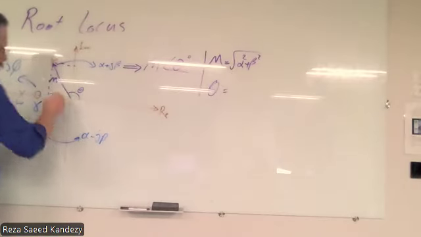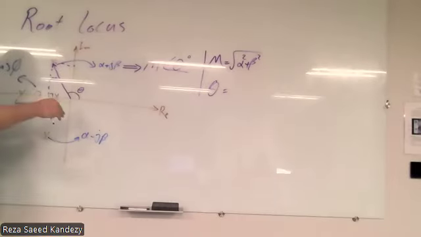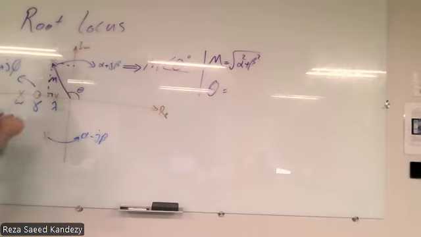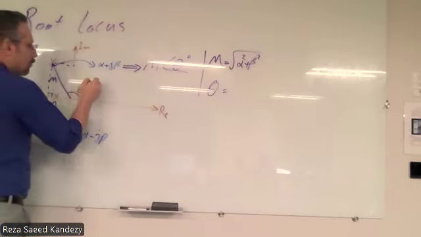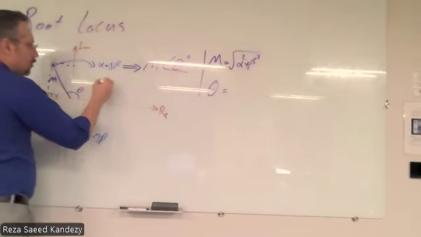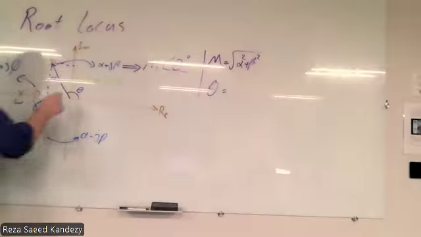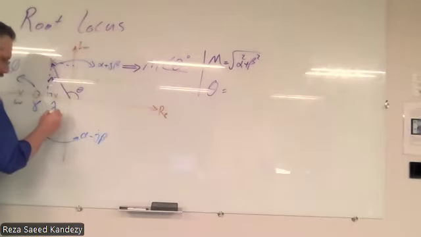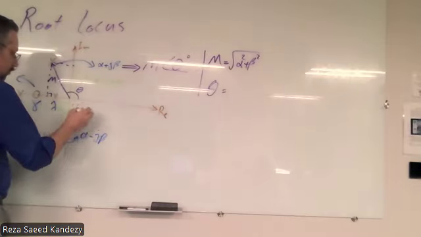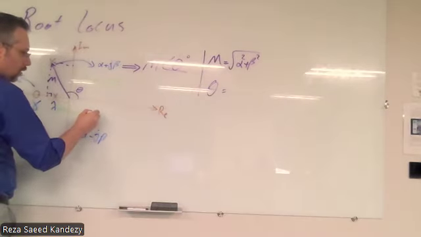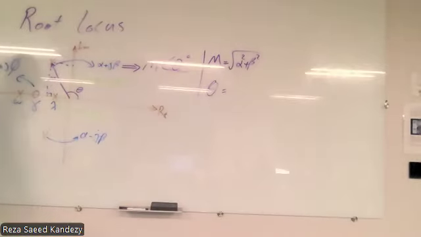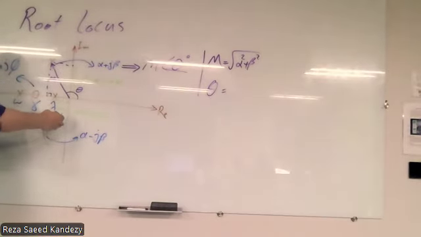Again, we can use the triangular characteristics, which we know: beta is equal to m times sine of theta, and alpha is basically m times cosine of theta. These are the projections of that vector on the real axis and the imaginary axis. Cosine, sine. Are we good?